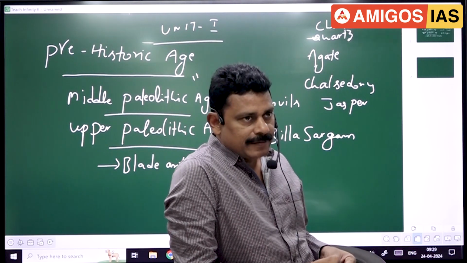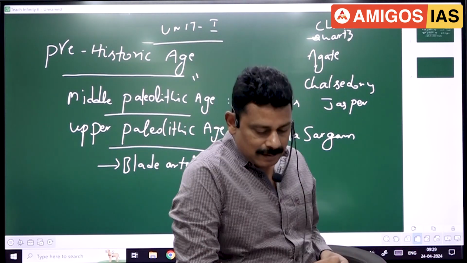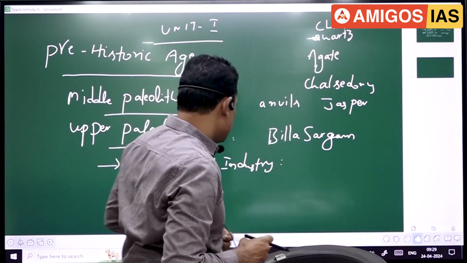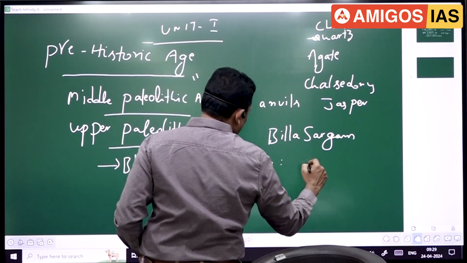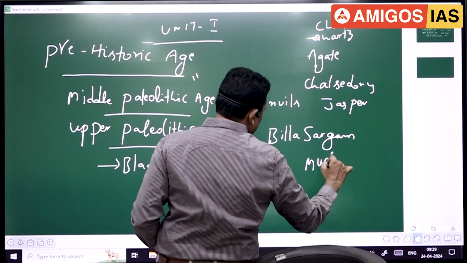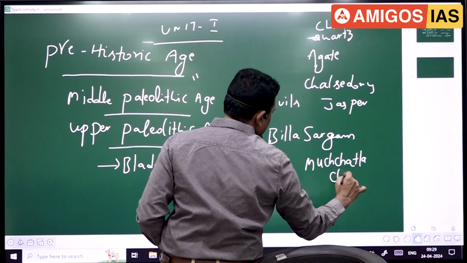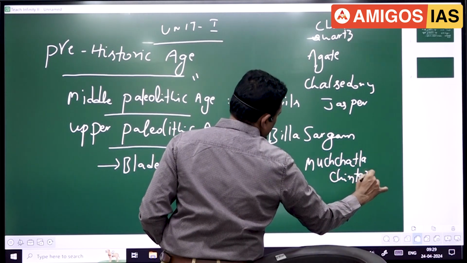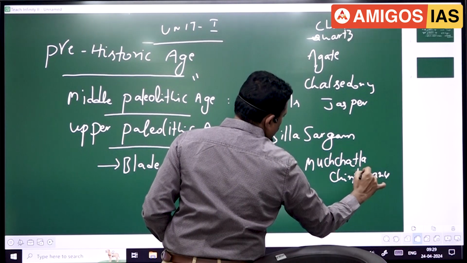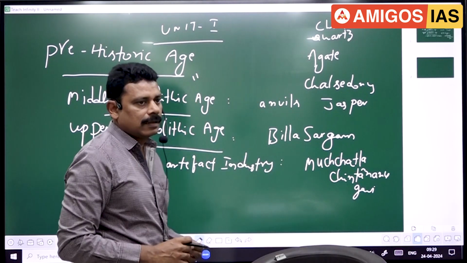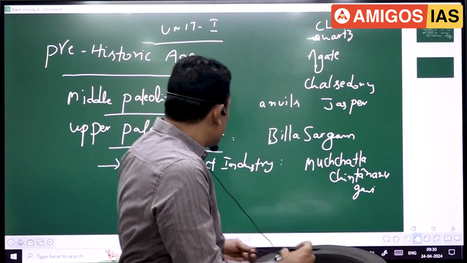And coming to the site from where this blade artifact industry has been recovered, it is the Muchatla Chintamanugavi in Kurnool district.